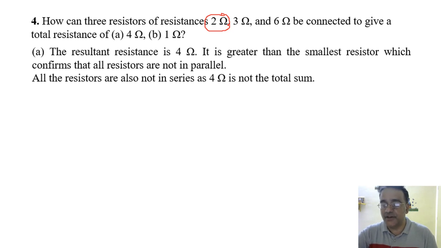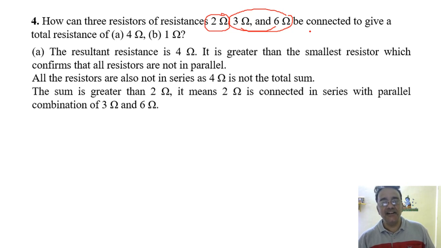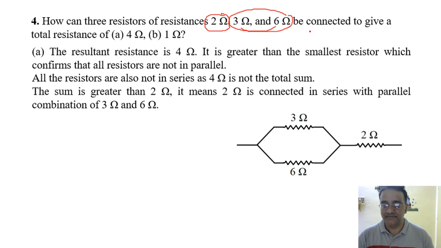That means 2 ओम के साथ में हम लोग सीरीज में कनेक्ट कर सकते हैं. लेकिन बाकी दोनों को अगर हम लोग सीरीज में कनेक्ट किए तो वो फिर 11 ओम हो जाएगा. इसलिए ये दोनों को हम लोग क्या करेंगे, पैरेलल में कनेक्ट करेंगे, राइट. So the sum is greater than 2 ohms. It means 2 ohm is connected in series with parallel combination of 3 ohm and 6 ohm. So this is the arrangement.